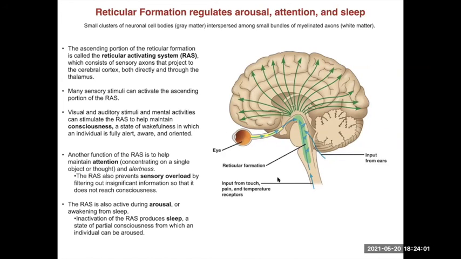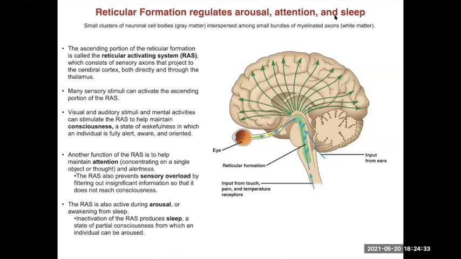So signals coming from your body, from your eyes and ears and all that stuff, all this is part of your reticular formation that's going to either be amplified based on whether you want to pay attention to it or muted out. Otherwise, you would have too much sensory information going into your head, right? So it's filtering the stuff you more need to know based on whatever you happen to be paying attention to.